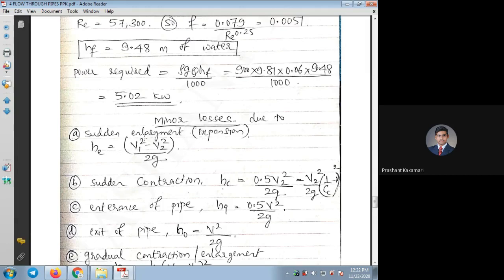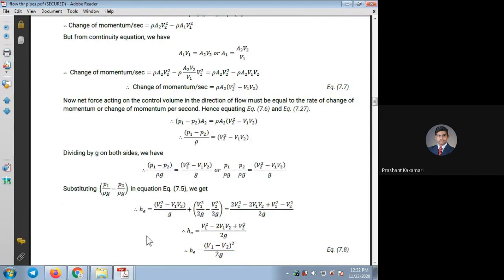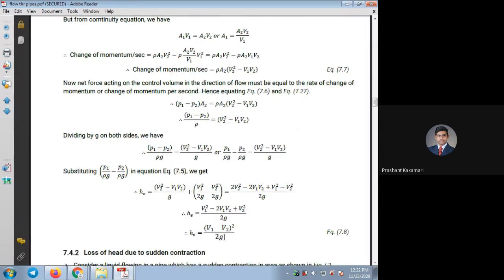By using this formula, one can find the head loss at the sudden expansion, denoted by He. So He is given by (V1² − V2²)/2g.